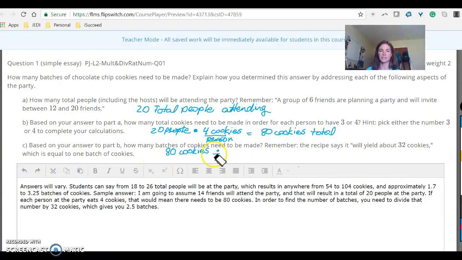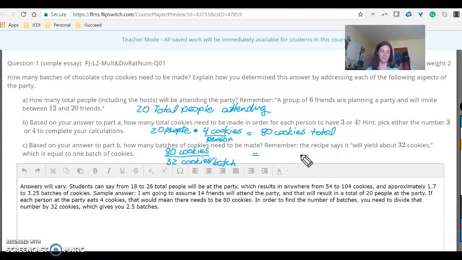I'm just going to put it underneath, in the denominator. It makes our units just look a little tidier. So this will be divided by 32 cookies per batch. And what happens then is my batch goes into the numerator, and this will tell me exactly how many batches I need to get 80 cookies.